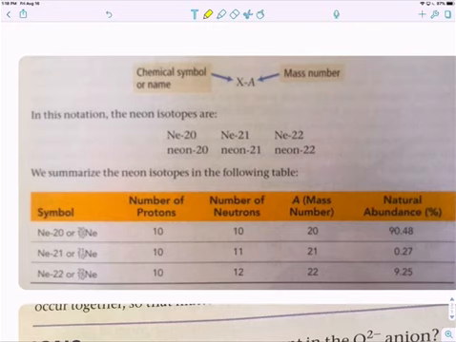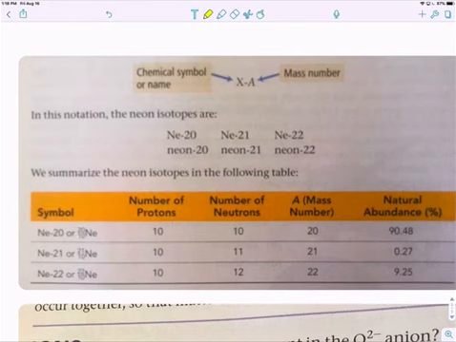So it depends on the source of the carbon. There can be a different abundance of isotopes. But seen here, we have neon with 3 primary isotopes, and the abundance listed here is roughly 90% neon 20 and 10% neon 22.